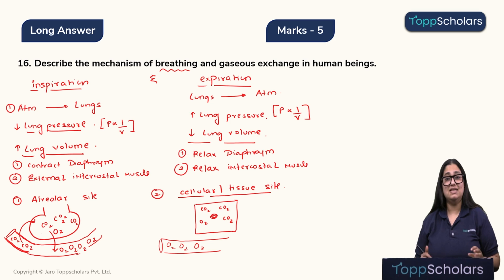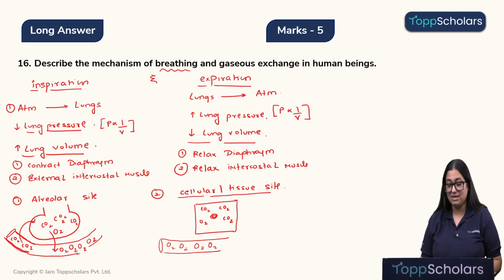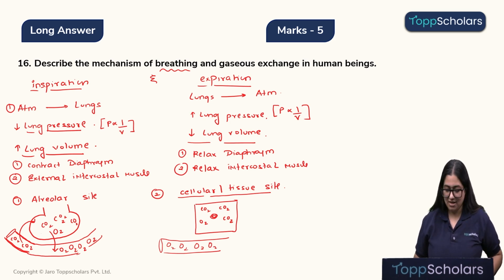Now this cell is surrounded by this capillary which is bringing a fresh amount of oxygen. If we look at the difference in the concentration and the pressure of oxygen, we can see that it is higher in the capillary and less in the cell. And therefore the O2 will move from high concentration or high partial pressure to low partial pressure. That means it will exit the blood vessel and enter the cell.